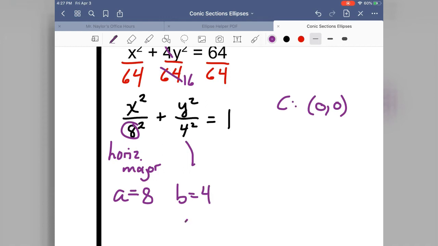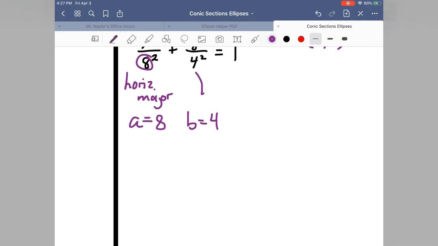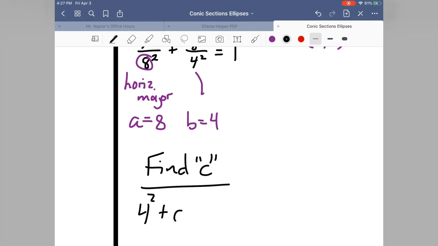And as we've done many times, finding a, b, and c becomes our order of business. And for this particular problem, that really would be finding the c values so that we can find the foci. But let's work through that. Remember, the formula is b squared plus c squared, and that equals a squared.